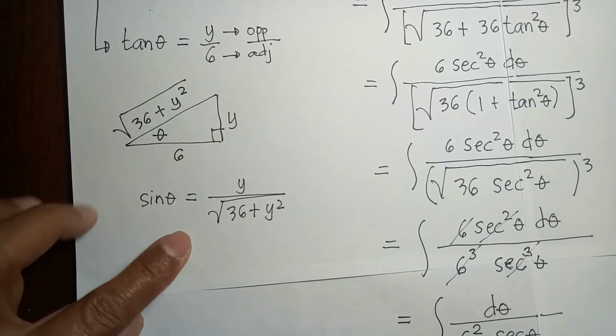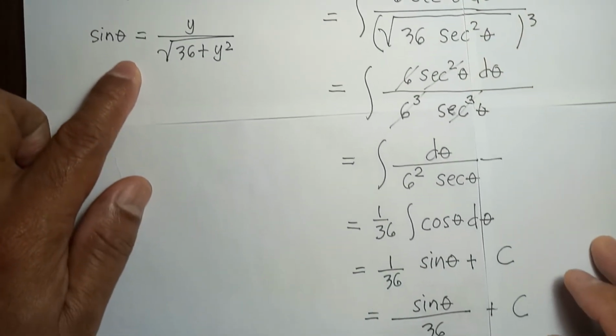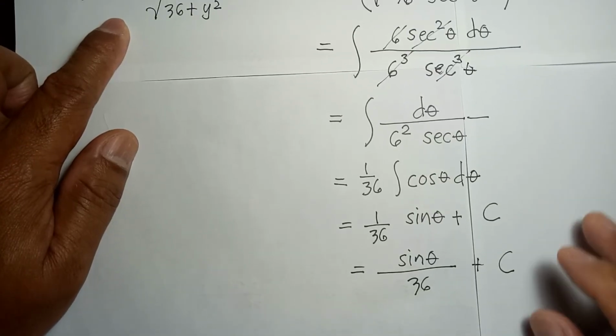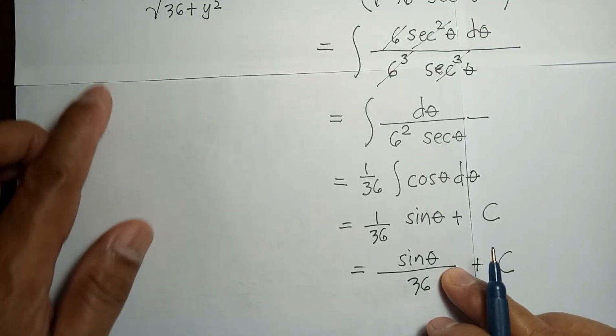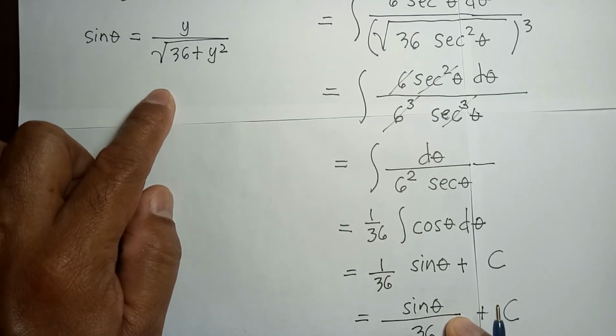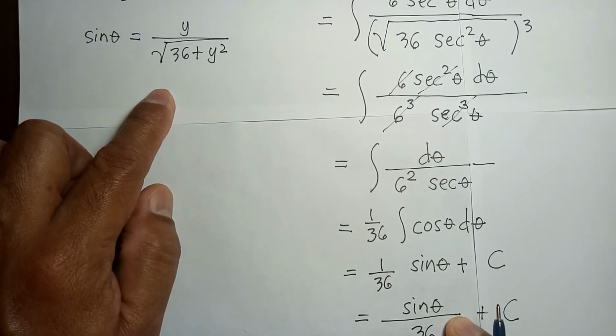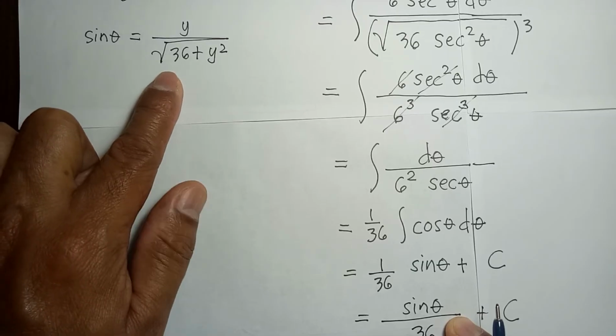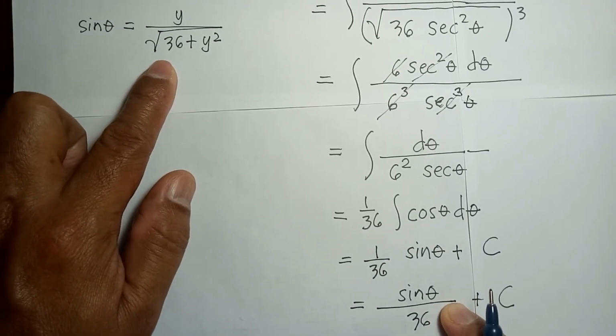So, yan ngayon yung equivalent ng sin theta. Okay. So, yung sin theta na ito ay papalitan natin ngayon ng y divided by square root of 36 plus y squared.